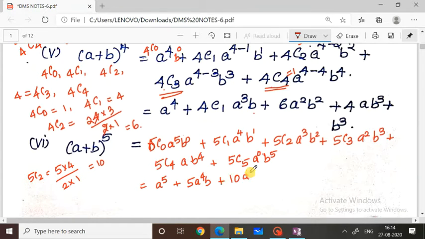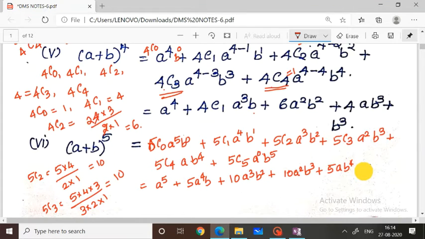So here 10 a raised to 3 b square plus 5c3. 5c3 can be written as 5 into 4 into 3 by 3 into 2 into 1, that is again 10. So you will get 10 a square b cube plus 5 a b raised to 4 plus 5c5, which is 1 into a raised to 0 is 1 into b raised to 5. This is the answer.